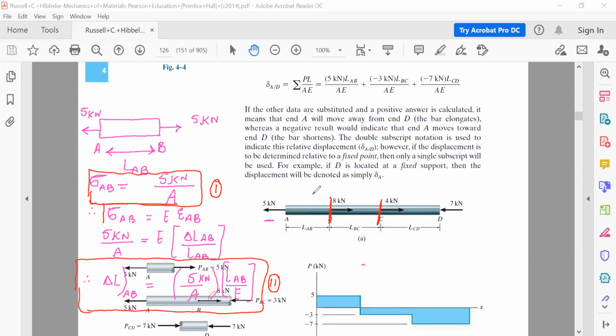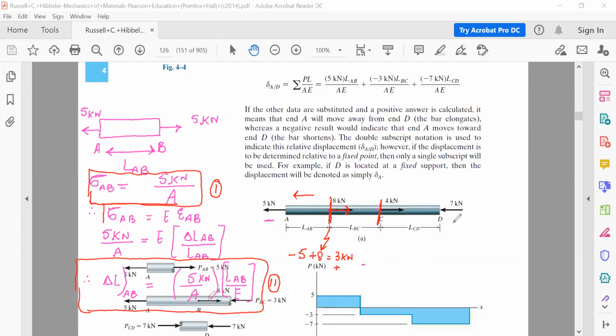We are having a load of 5 kilonewton acting along negative x-axis and a load of 8 kilonewton acting along positive x-axis. So the total load acting on the section B will be minus 5 kilonewton plus 8 kilonewton. 8 minus 5 is 3, so it is 3 kilonewton. Since this is positive, it means it will be acting along positive x-axis.